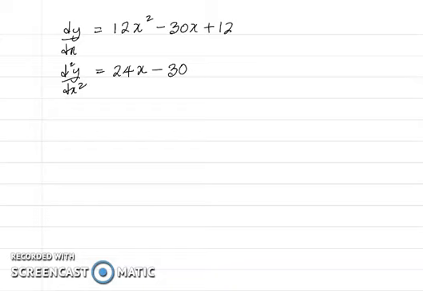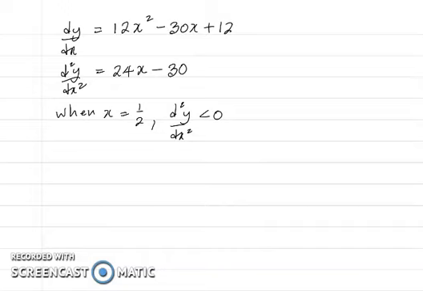All right, so next I'm going to say when x is equal to a half, 24 times a half times 12, 12 minus 30, so d2y by dx squared would be 12 minus 30, which is minus 18, so it's going to be less than 0.